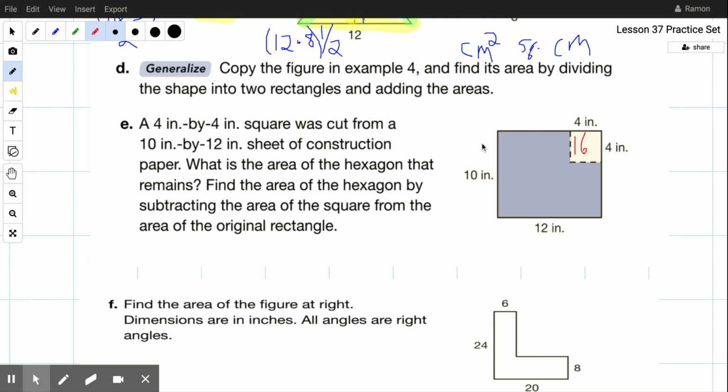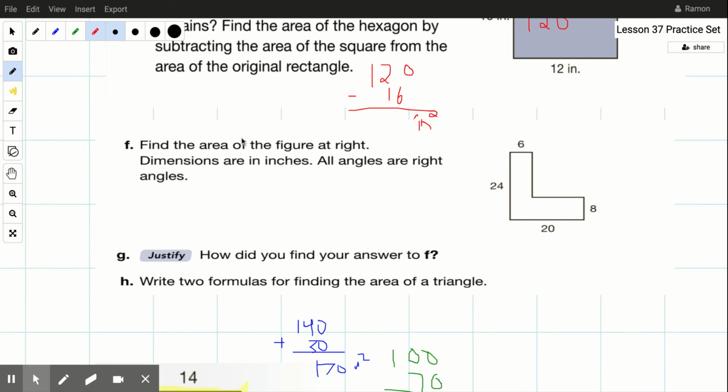And then we find the area of the original rectangle, which is a 12 by 10, which using mental math, 12 times 10 is 120 inches squared. So to find the area, we just simply subtract the two. And since it is still area, you're still going to have inches squared as your units. So keep that in mind when you subtract them. And I'll let you subtract those on your own.